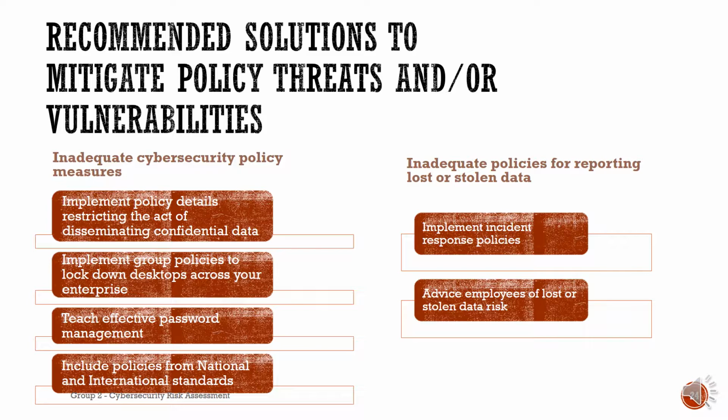We'll include policies from national and international standards such as NIST access control and implementation guides, where we'll have NIST 7316, which is the assessment of access controls and systems, and explains how some of the commonly used access control policies, models, and mechanisms are available for information technology systems.